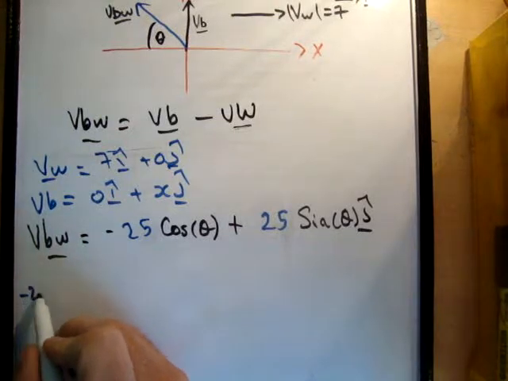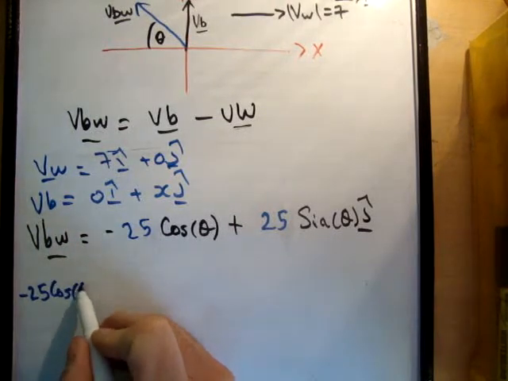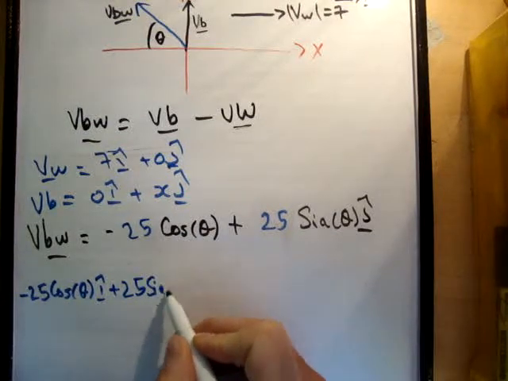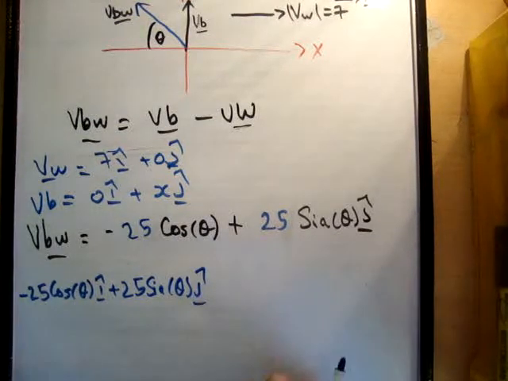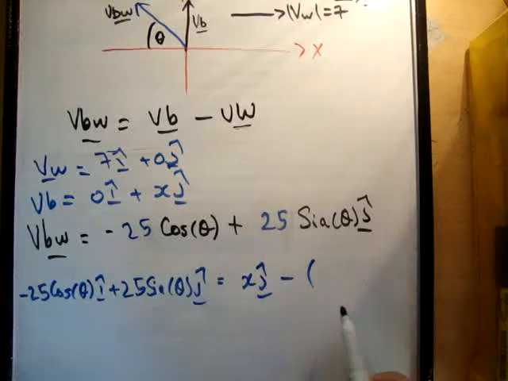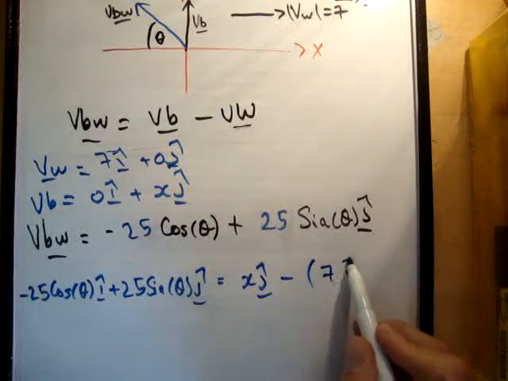So we get negative 25 cos theta i hat plus 25 times the sine of theta j hat is equal to VB, which is, we'll say, x j hat, minus, and we have to take away from that VW, which is 7 i hat.